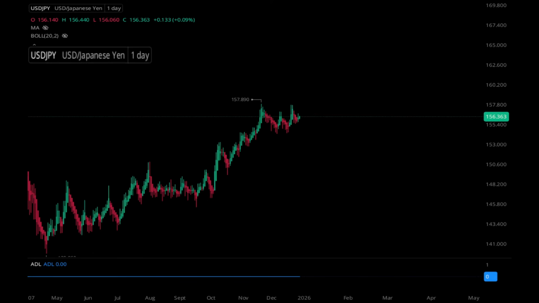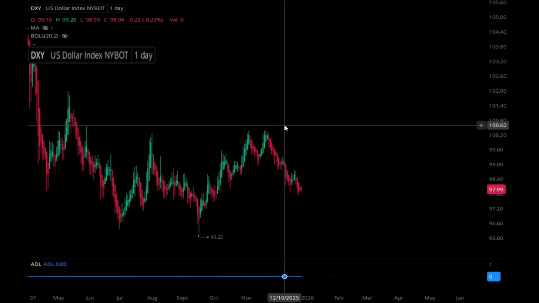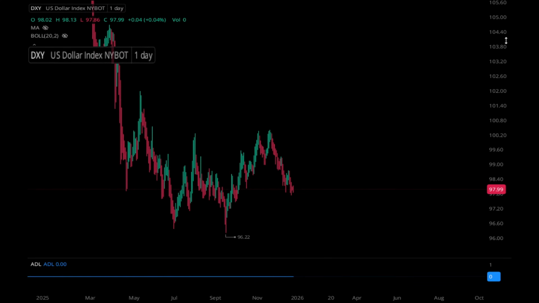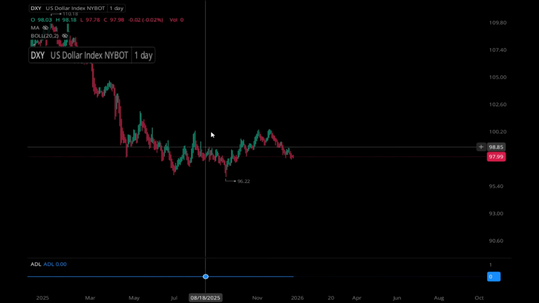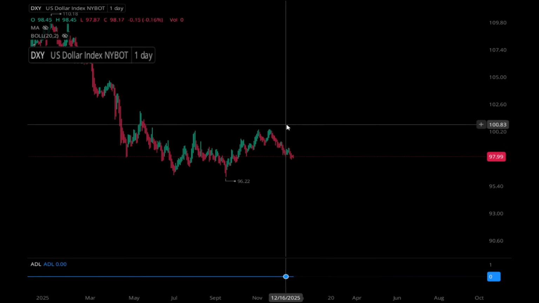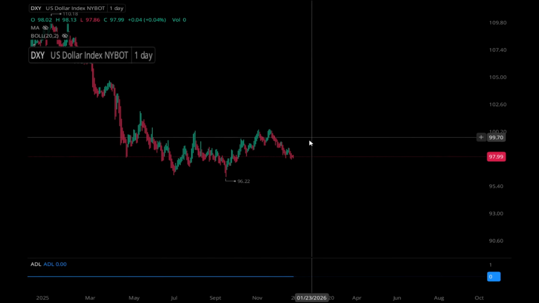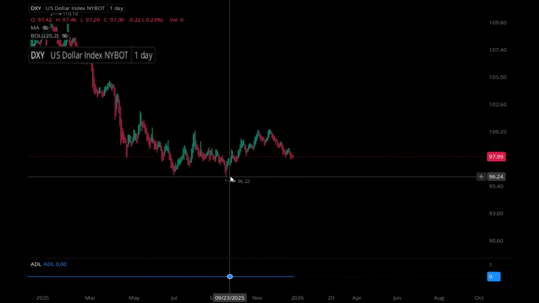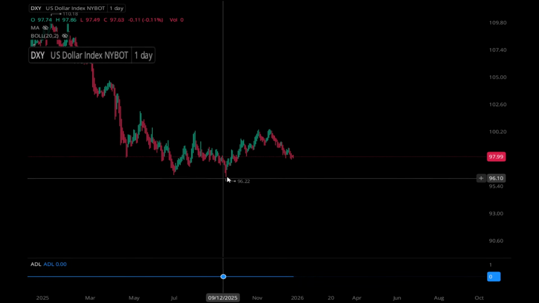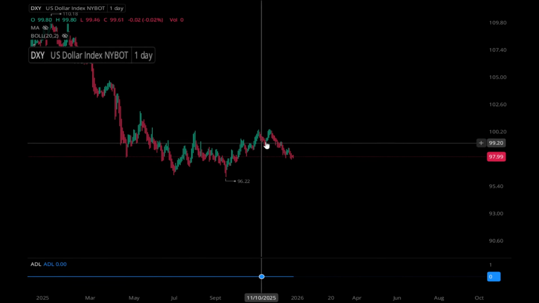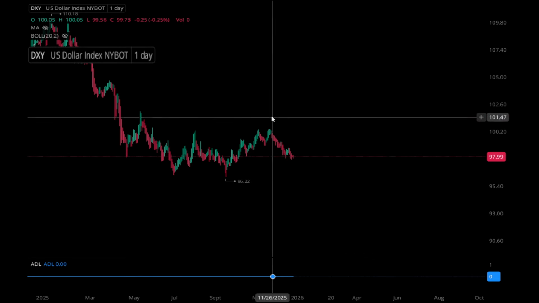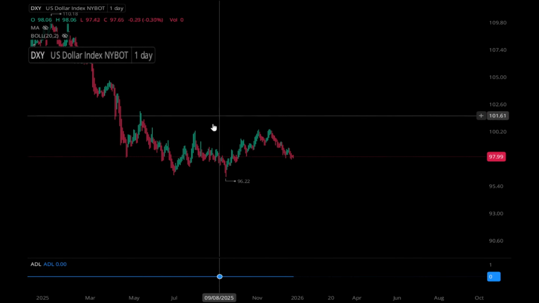And with the DXY still elevated, let me go ahead and pull that up. Even though it is pulling downward, we've been talking about this potential bullish structure on the dollar. It is starting to look a little dicey in terms of pulling back upwards because, again, once it pulls down to that 96.22, that really cancels out the previous bullish structure. However, this is still in a bullish stance.